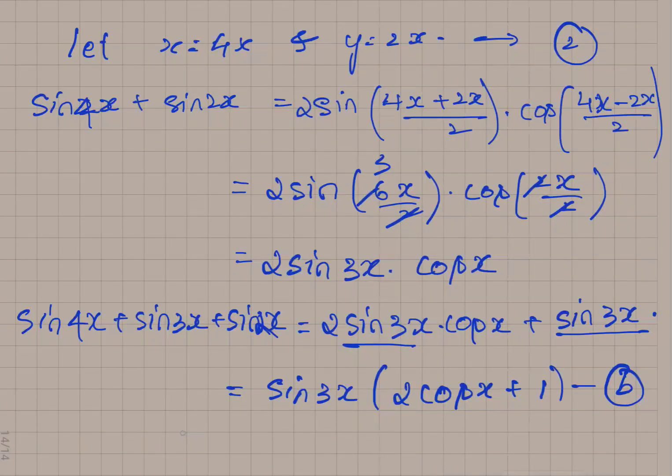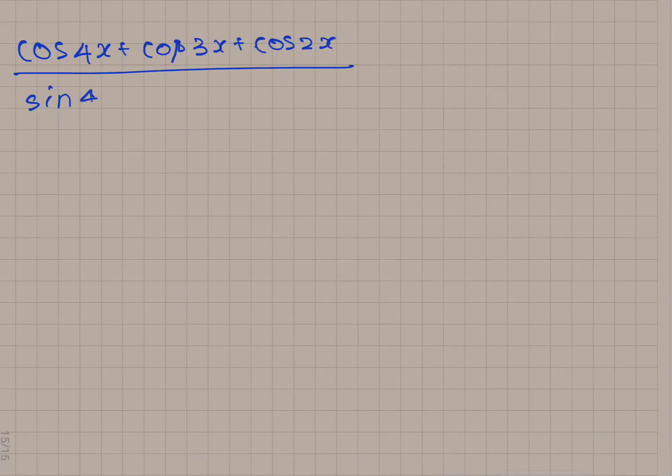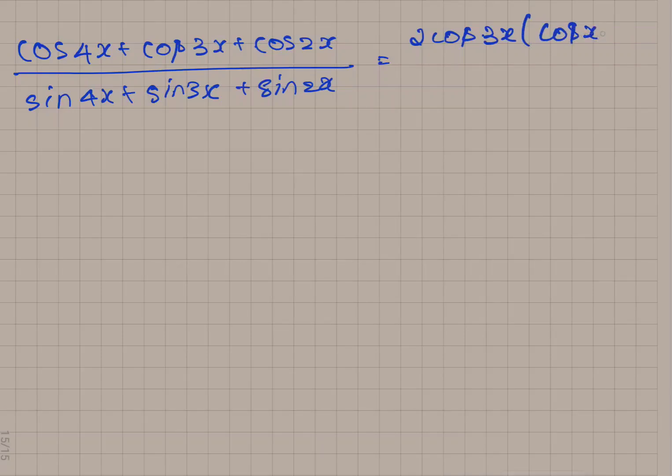Now dividing both equation 1 and 2, we get cos 4x plus cos 3x plus cos 2x upon sin 4x plus sin 3x plus sin 2x is equals to 2 cos 3x into cos x, 2 cos x plus 1 upon sin 3x, 2 cos x plus 1.